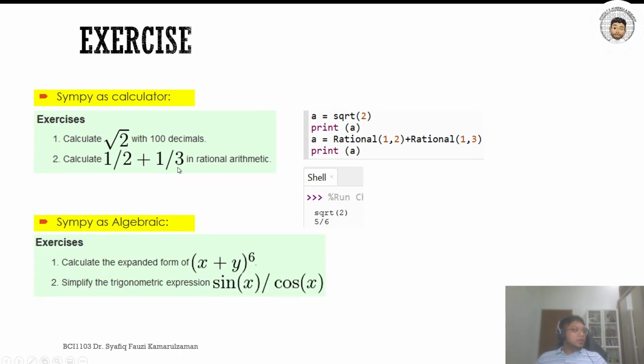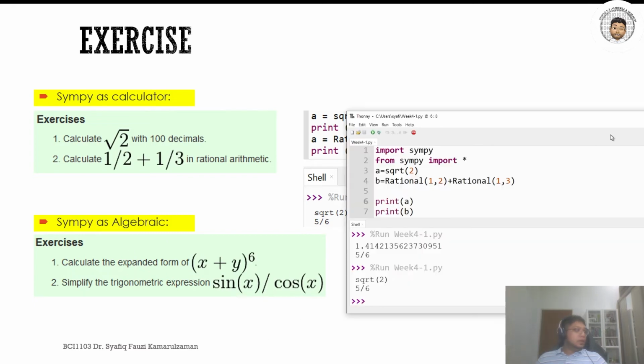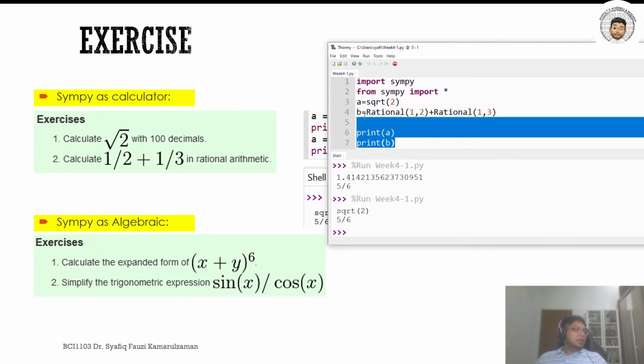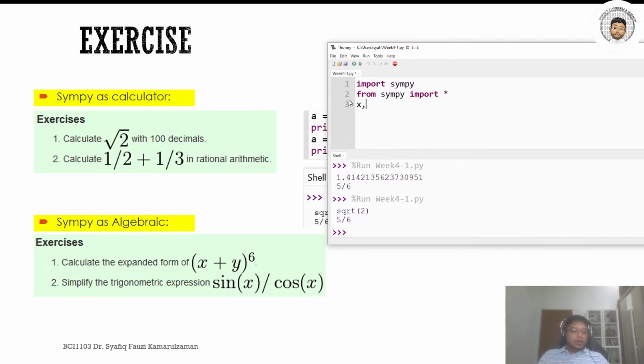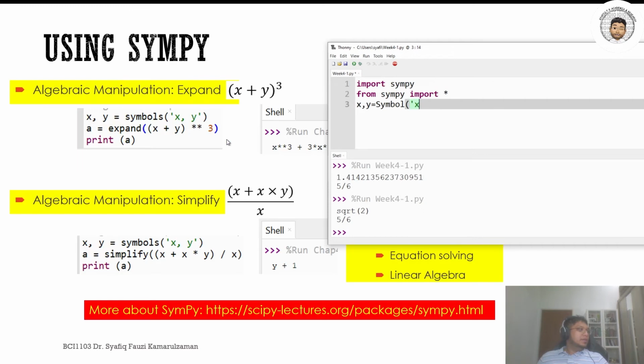Okay. So next, let's try this algebraic equation. Calculate the expanded form for xy. Okay, so let's try and do this one. Xy is equal symbols x. I also forgot the command. Okay, symbols xy. So something like that.